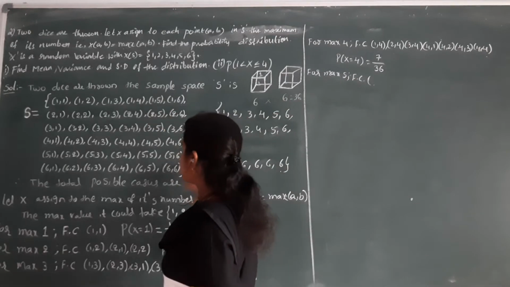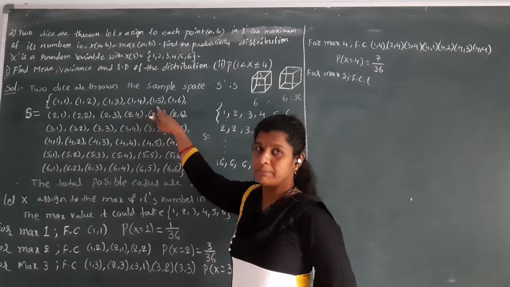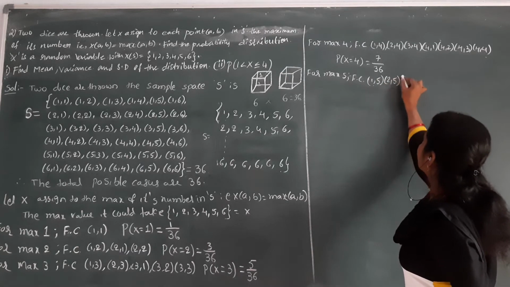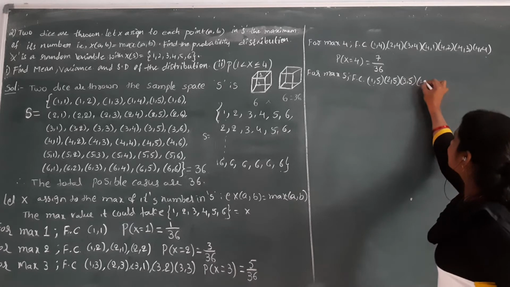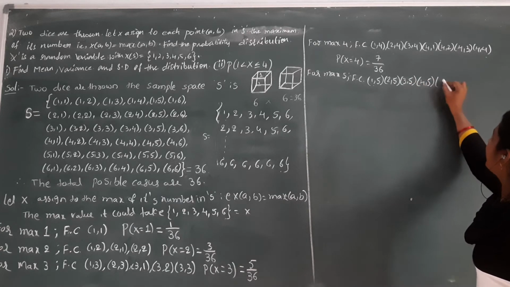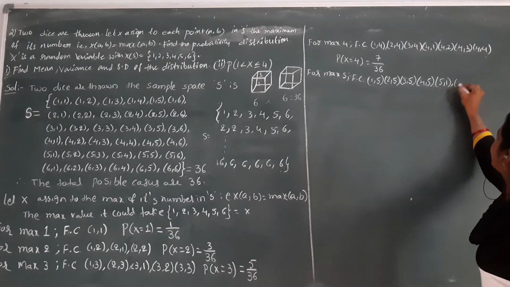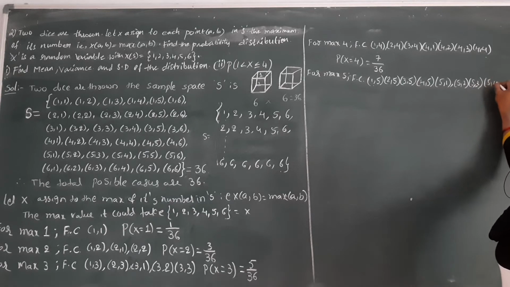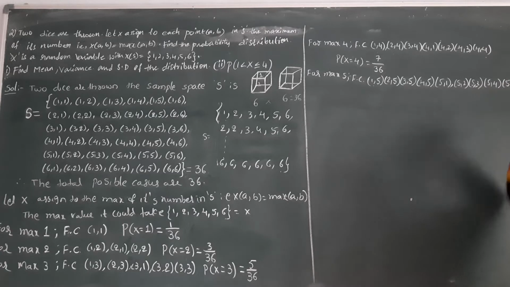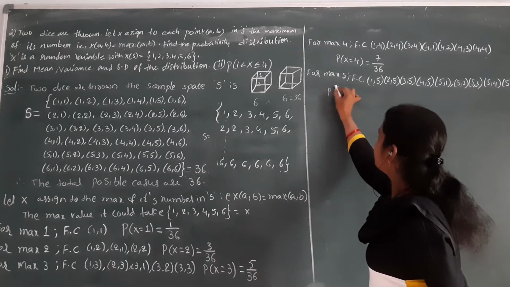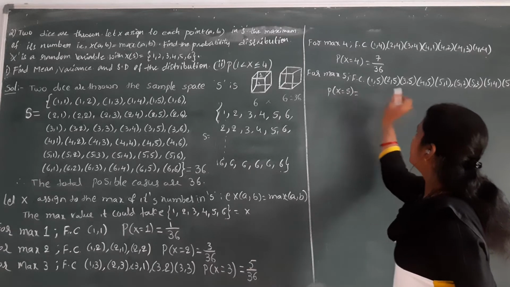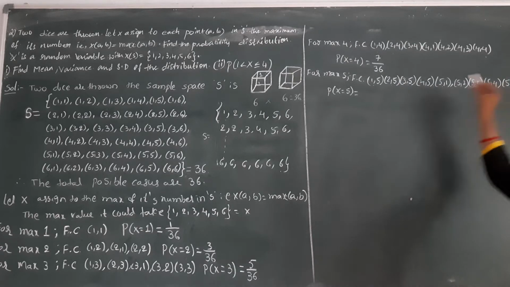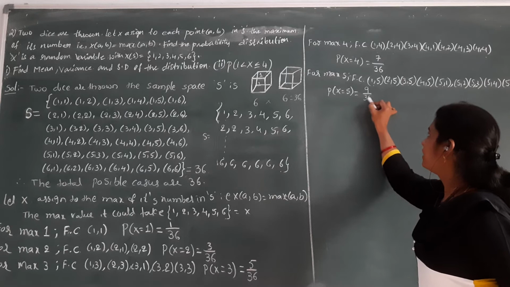In this complete sample space, the pairs with maximum 5 are (1, 5), (2, 5), (3, 5), (4, 5), (5, 1), (5, 2), (5, 3), (5, 4), and (5, 5). The number of favorable cases is 9, so the probability of X equals 5 is 9 by 36.